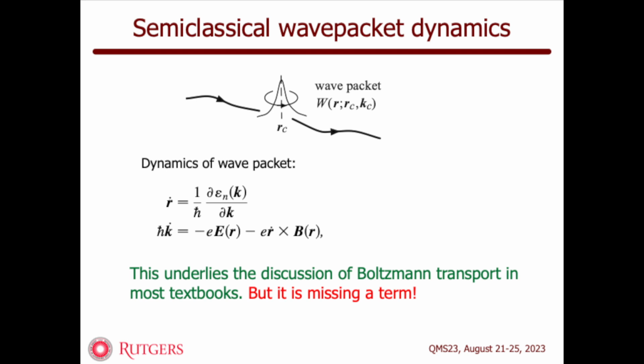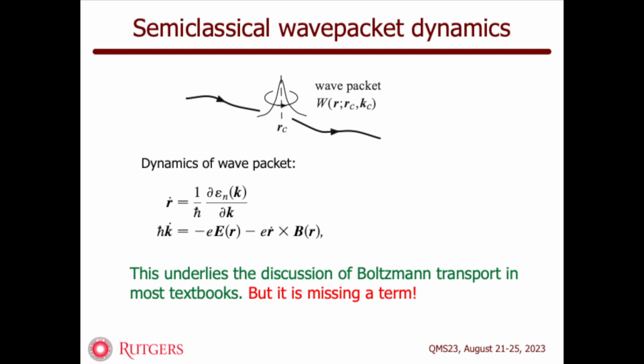And then, of course, this thing in general is a complex wave function, and a complex wave function can have current, so there could, for example, be a circulating current in this little wave packet, or perhaps not, depending upon whether the system is magnetic or whether I'm in a part of the Brillouin zone where the symmetry is low enough. So in most textbooks, you'll find the Boltzmann transport theory derived in terms of equations that look like this.